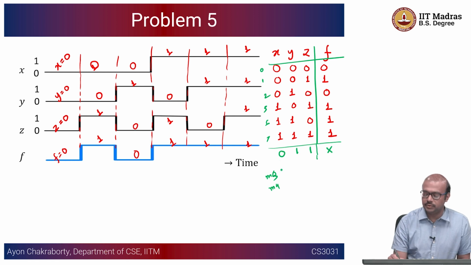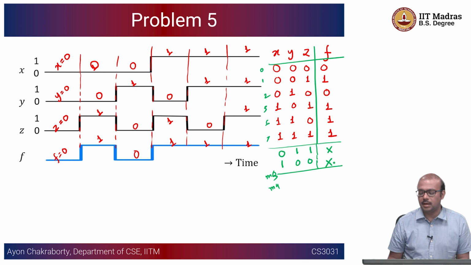Similarly, the fourth minterm, which is 1, 0, 0, could also be treated as a don't care condition. Depending on whether this don't care condition will help you or not, you need to check out the truth table.